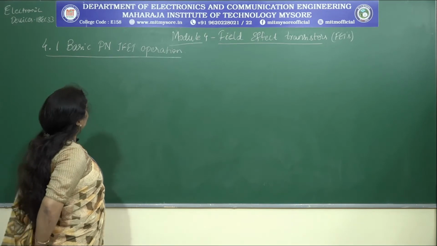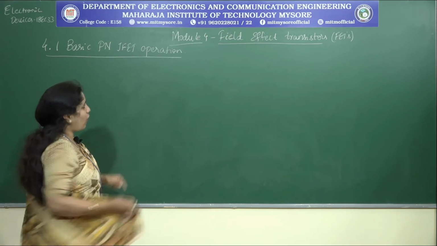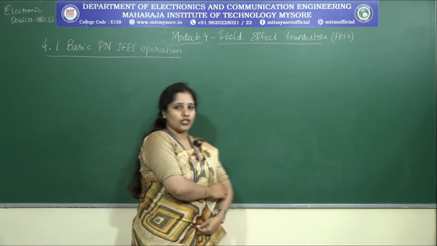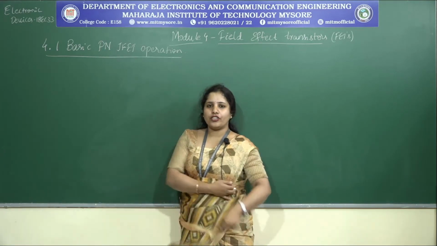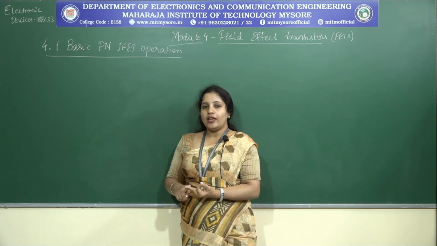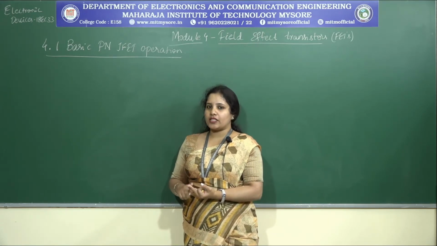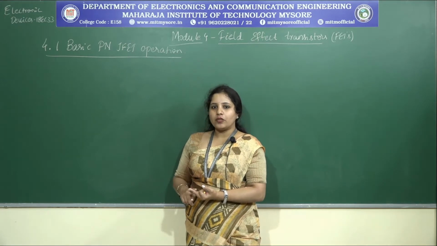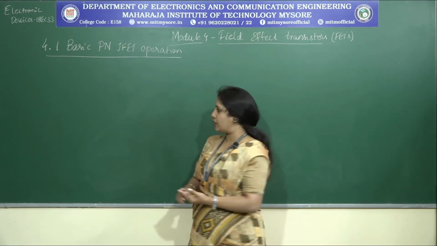So, if I consider a JFET, what is it made up of? How many junctions do we have? Three junctions, as I mentioned. What are the three different terminals that we have? One is called gate, source and drain. Let me try to explain how it is basically constructed. Once we are done with it, then we will move to the working principle.